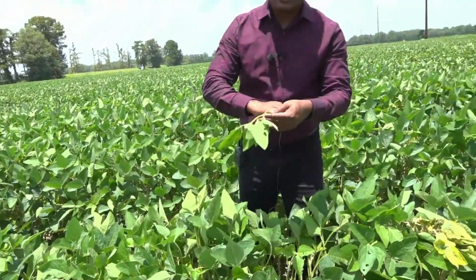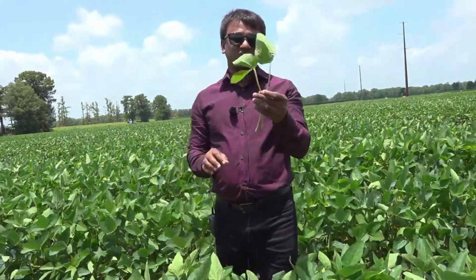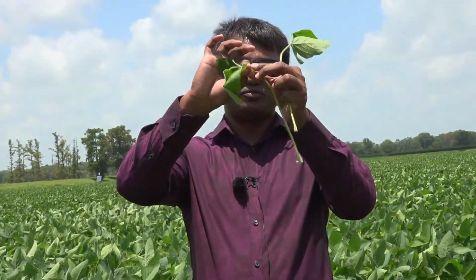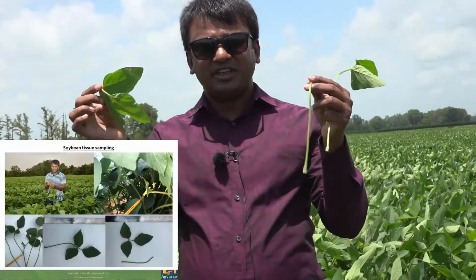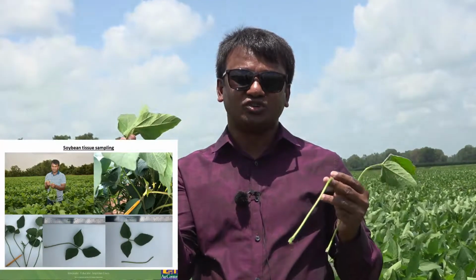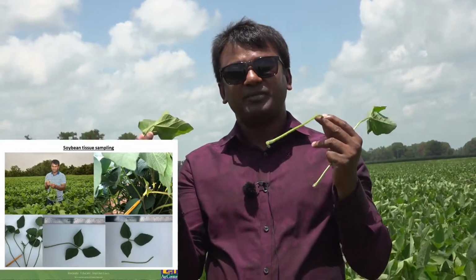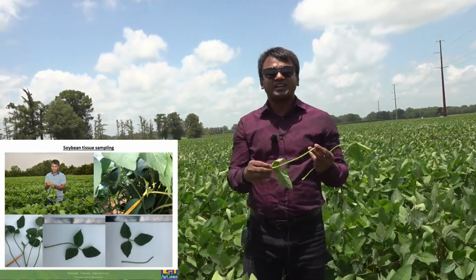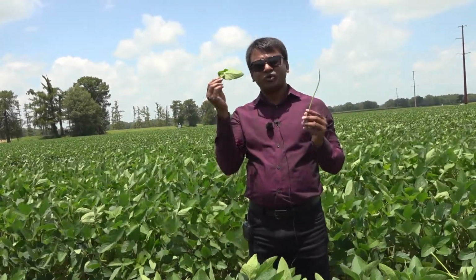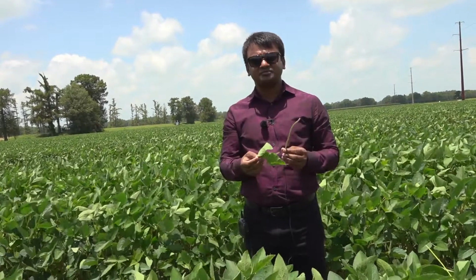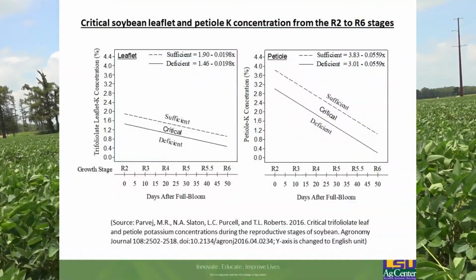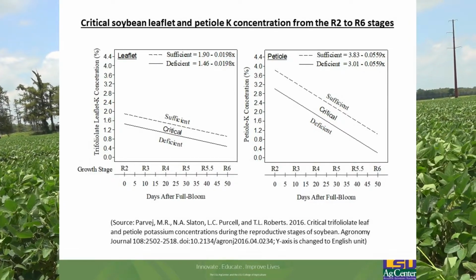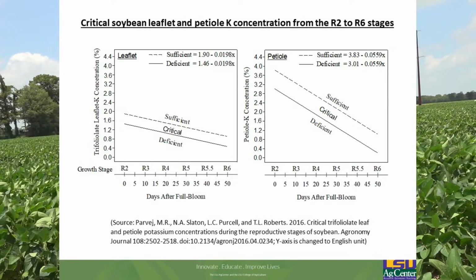After taking the tissue sample, separate the trifoliate portion from the petiole and submit either this portion or both portions separately to the diagnostic lab. Once you get the potassium concentration for both leaflet and petiole, you can interpret it using this figure on this slide.